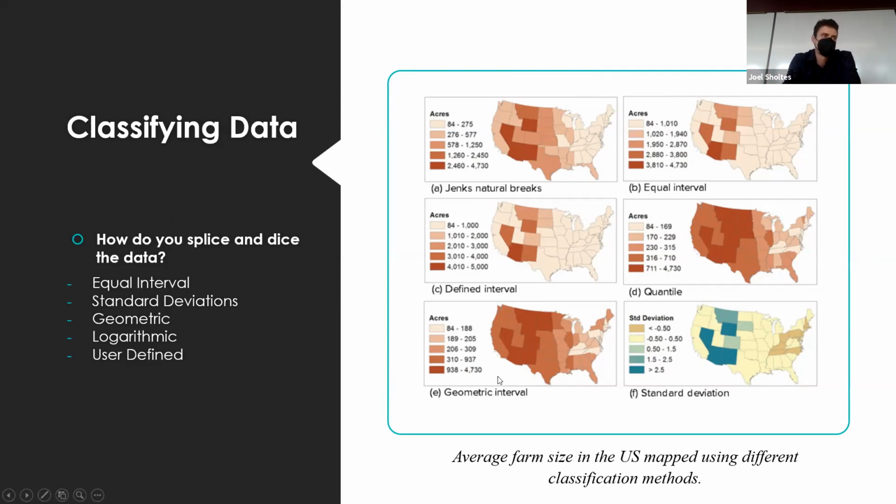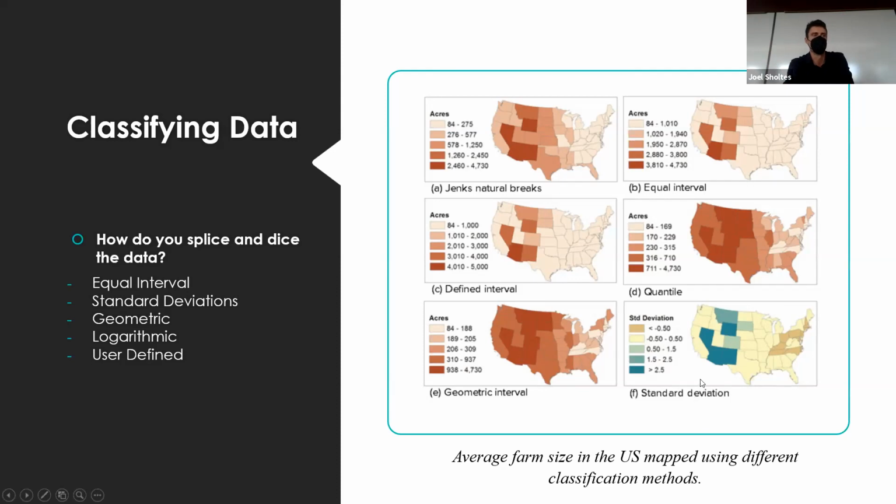Geometric interval. So this, instead of equal interval, which is arithmetic, geometric is basically like a log scale. And maybe you want a log scale because you have such a huge range of observations. You go from 0 all the way to 1,000,000. You don't want to do equal intervals there, right?